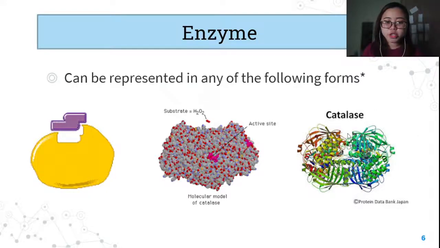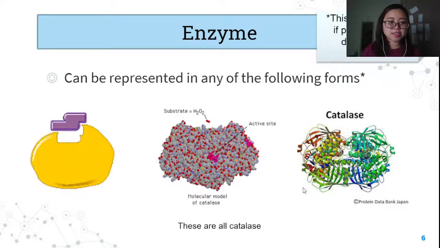So this form is showing all the beta pleated sheets and alpha helixes that you would find on the protein structure. Now, all 3 of these diagrams are showing the same enzyme, just represented in different forms. All of these are of the enzyme catalase.